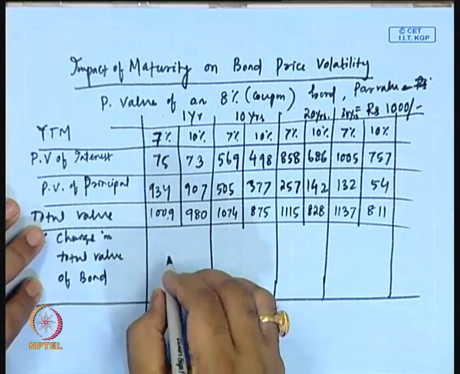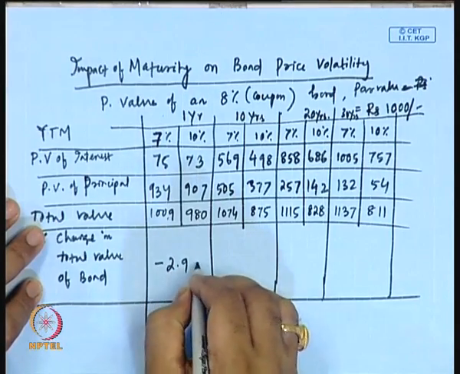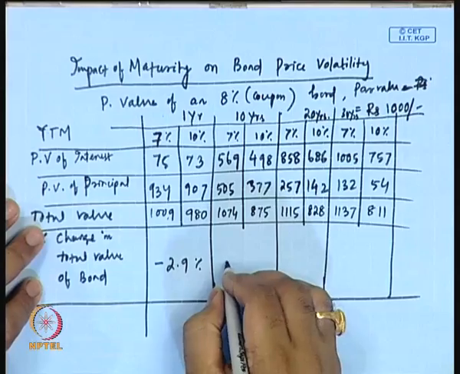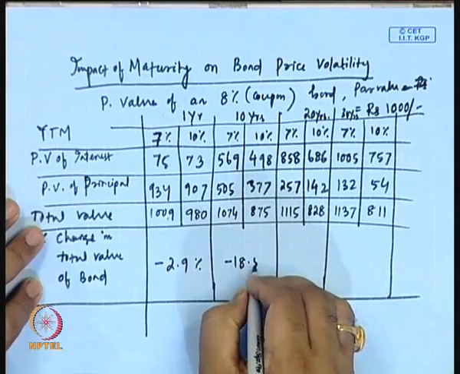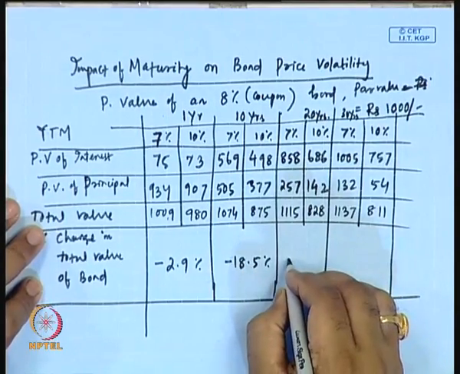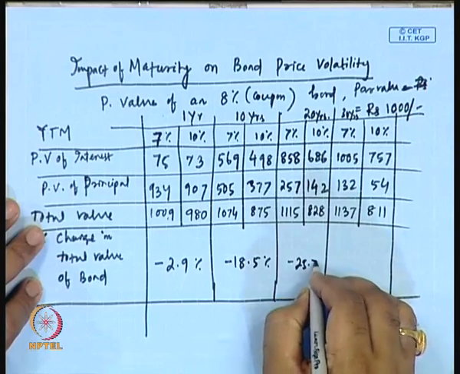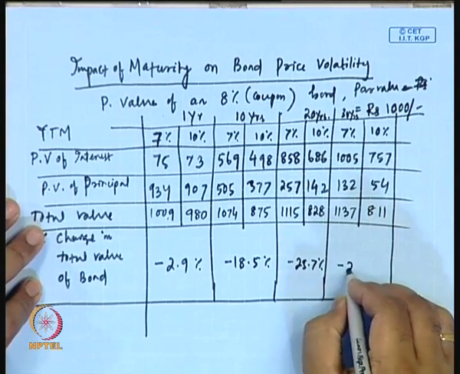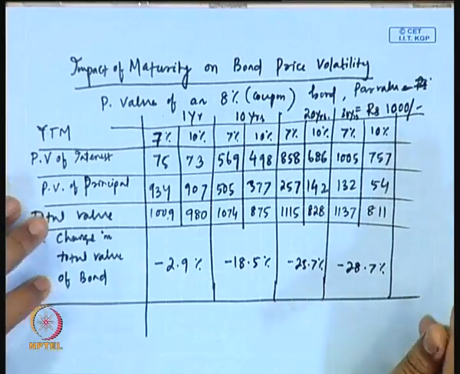The change we have observed is minus 2.9%, here it is minus 18.5%, here it is minus 25.7%, here it is minus 28.7%.